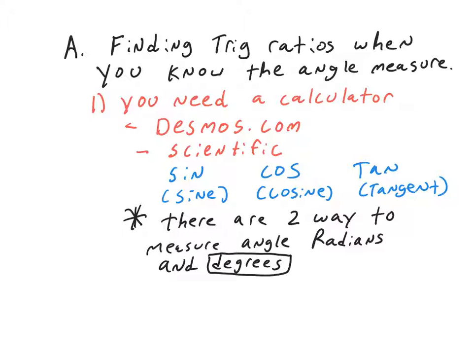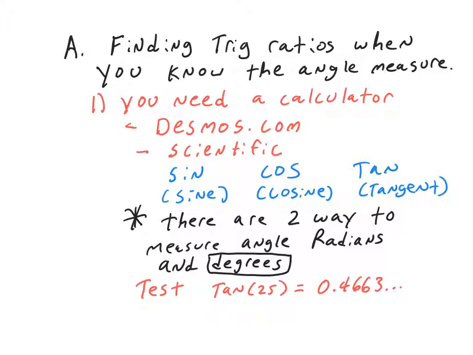Now, how do you know you're in degrees mode? Do a test. Go ahead and put in tangent of 25, and if you get 0.4663 and it keeps going on and on, that is right.